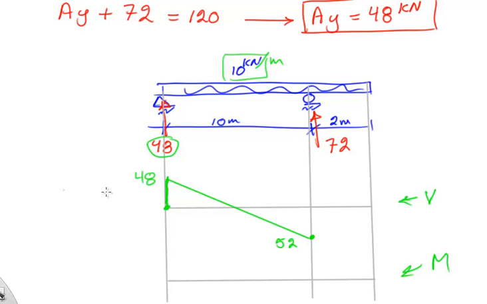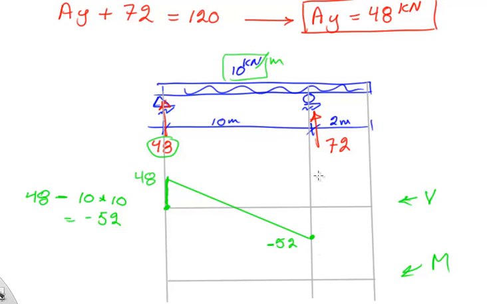Okay, and just a quick reminder, I'm starting at 48 and I am dropping 10 kilonewtons for a distance of 10 feet. That should give me a minus 52, and that's the minus sign here.